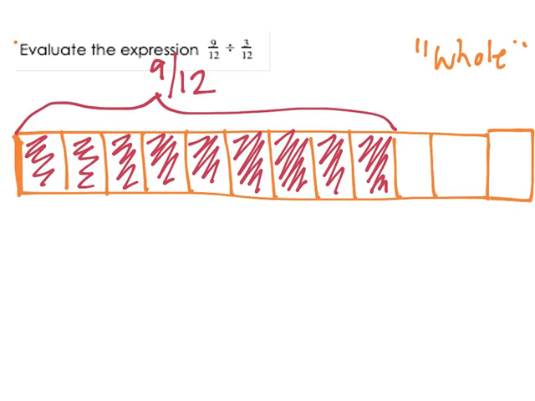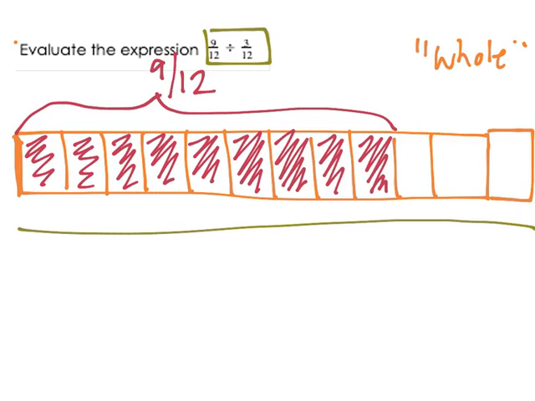My divisor is 3/12. So essentially this is asking how many groups of 3/12 are in 9/12. If this entire rectangle represents the whole thing, meaning 12 pieces, 12 out of 12 would give me my one whole.